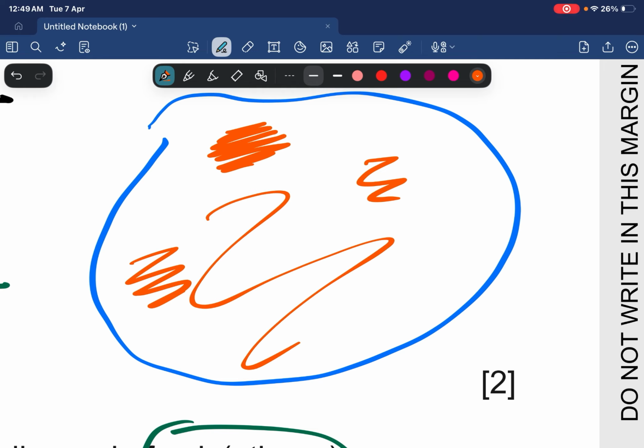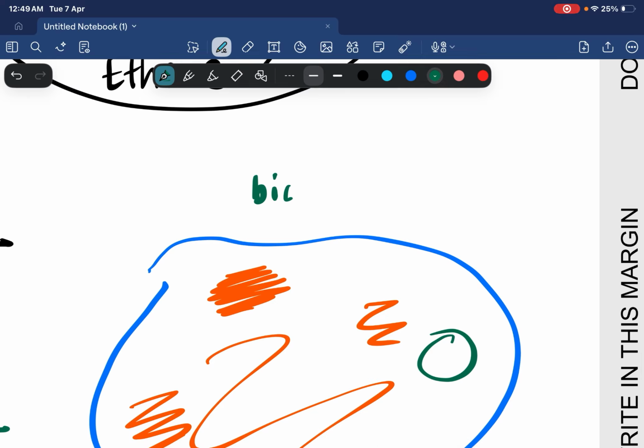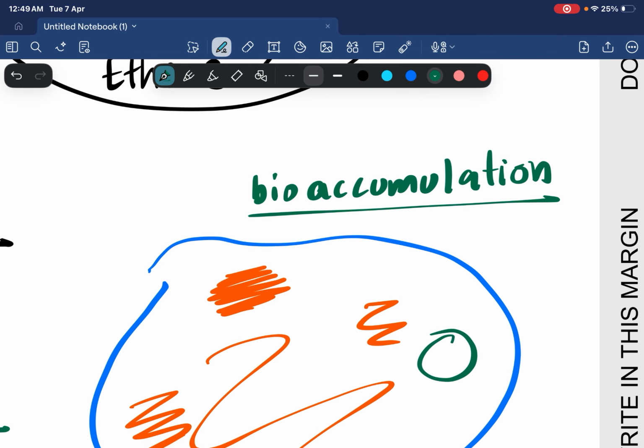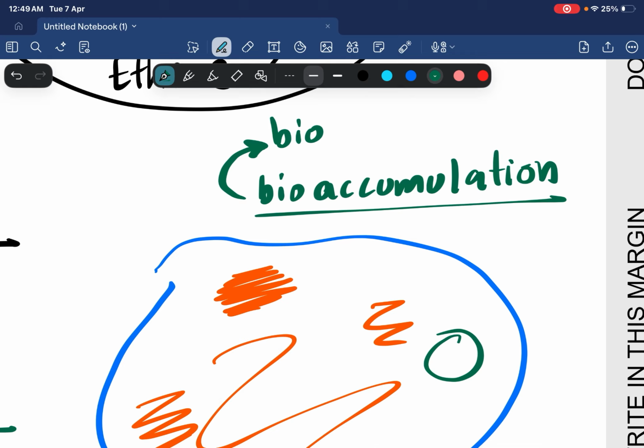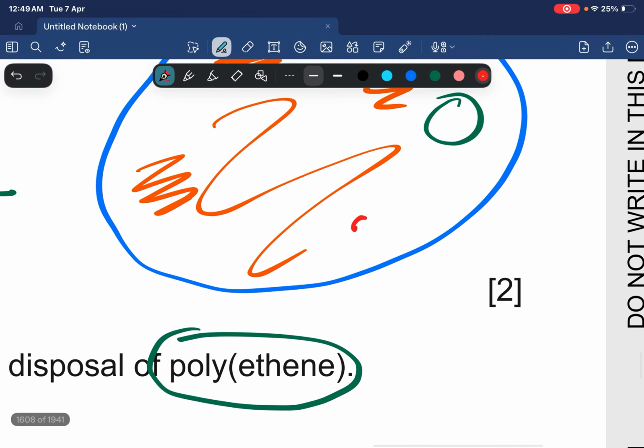And unfortunately, there are animals in the marine ecosystem like turtles. They're going to mistake plastic for food. They're going to eat it. Then it's going to cause bioaccumulation. Bioaccumulation means that toxic substances like plastic are going to accumulate inside the organism. And then this is going to cause another problem called biomagnification. These are your small fish.